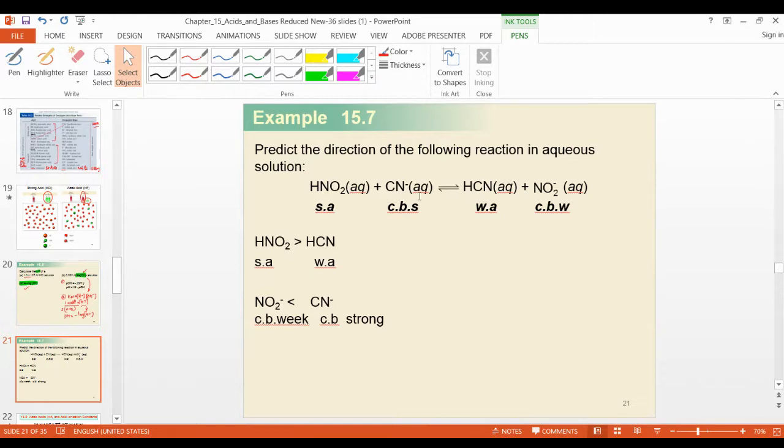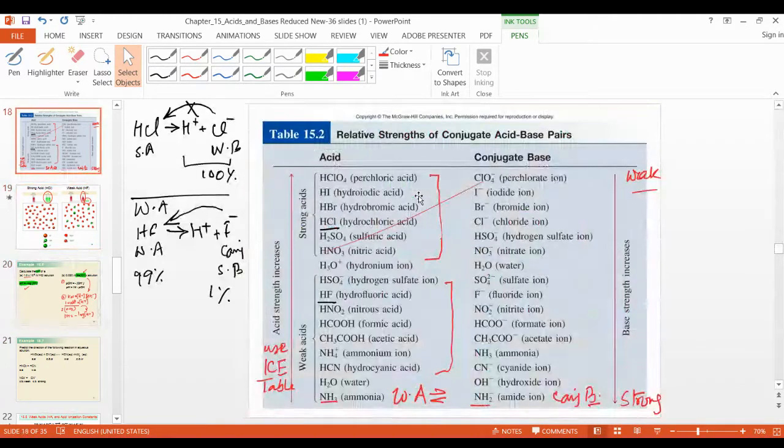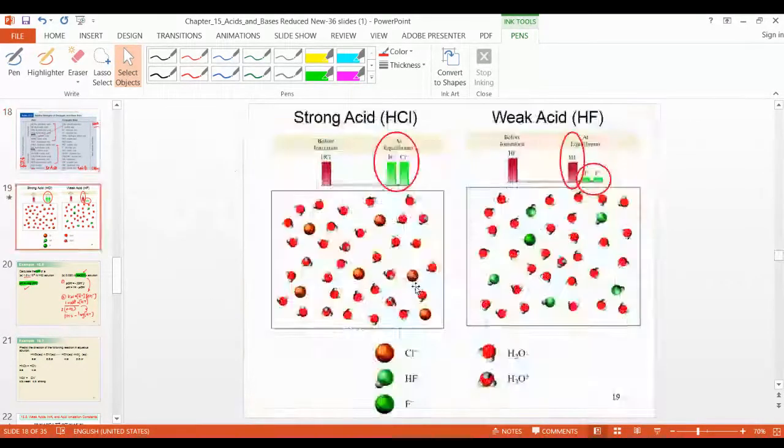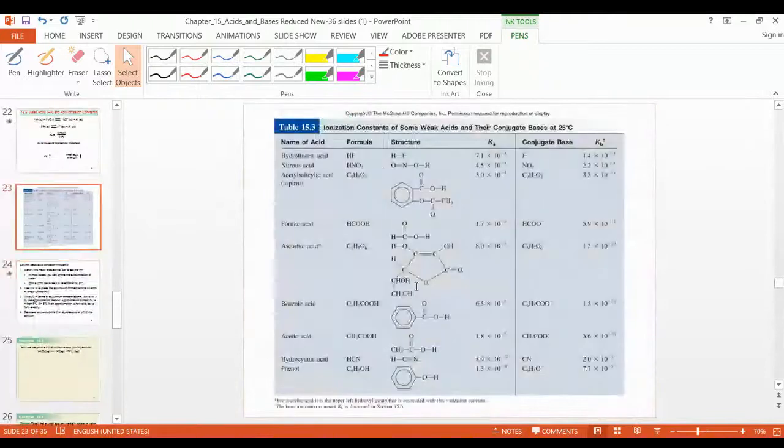Now look at an example. Go back again. HNO2. These values are not given here, but I will collect the values from here. HNO2, 4.5 times 10 to the power minus 4.